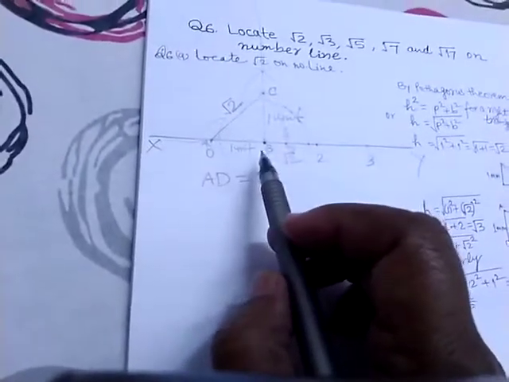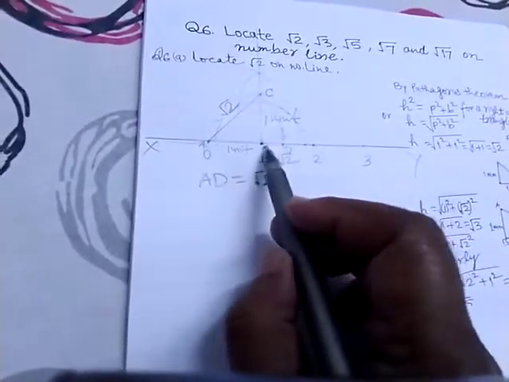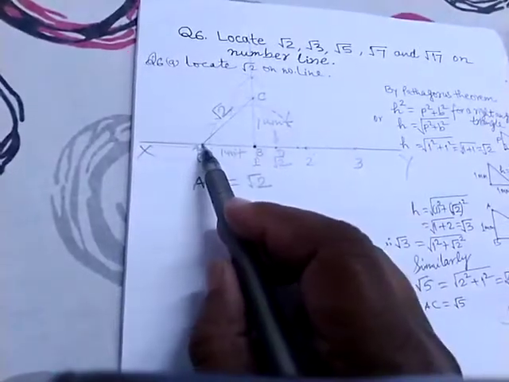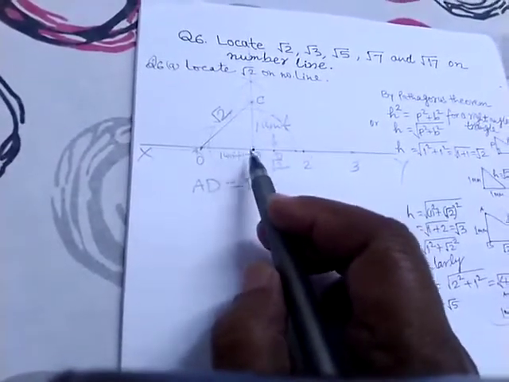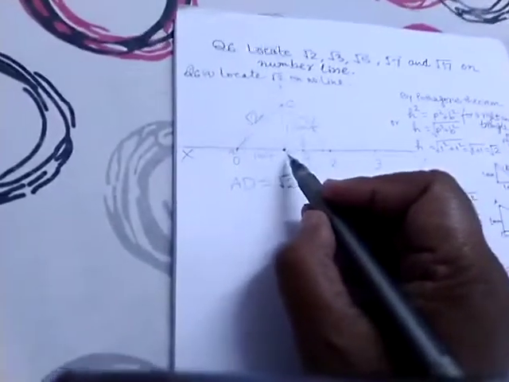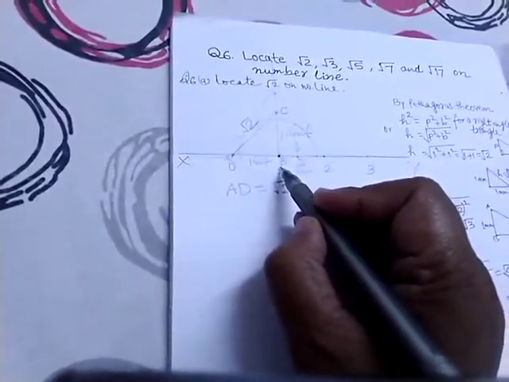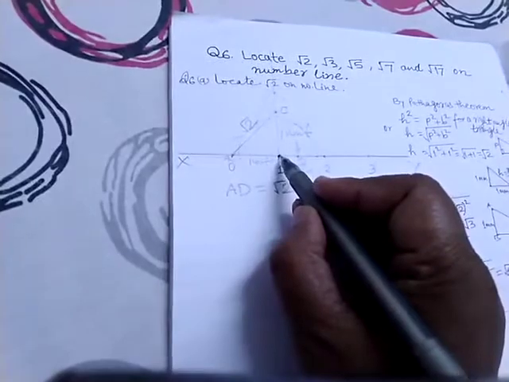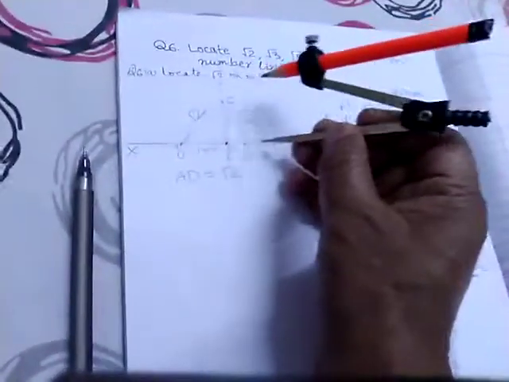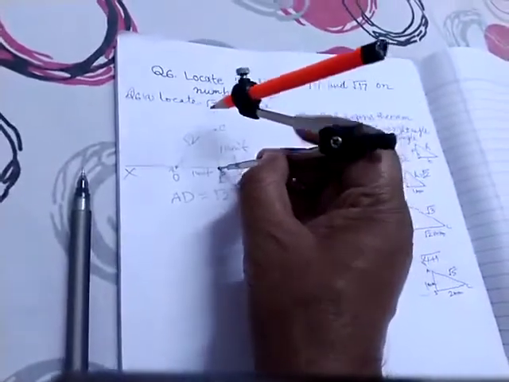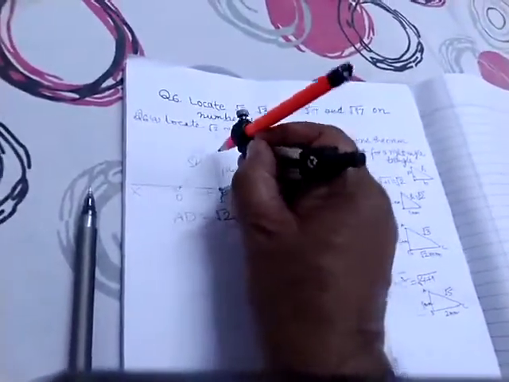I have taken 0 to A to B as 1 unit, and I have drawn here a perpendicular at the point 1 unit, and I have cut out from here 1 unit. Okay, I have cut here 1 unit.